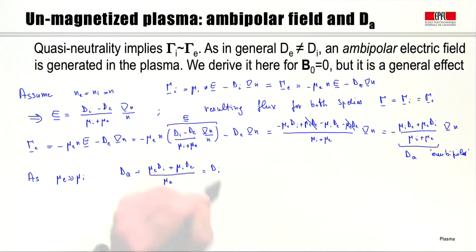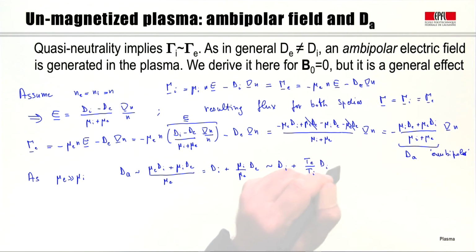And that's equal to simply the ion diffusion coefficient plus the ratio of the two mobilities, mu_i over mu_e, times the electron diffusion coefficient. And if I remember the Einstein relations that relate mobility and diffusion coefficients, I can express this as D_i plus the temperature ratio T_e over T_i times D_i.